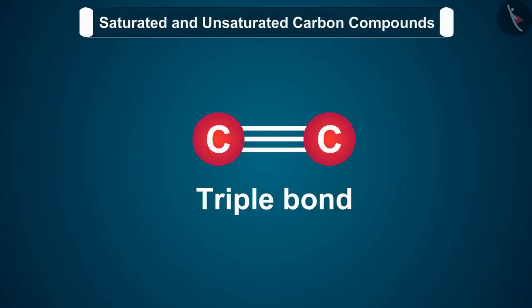Let us now discuss the alkynes. These are unsaturated hydrocarbons in which the two carbon atoms are connected by a triple bond. So, the alkynes contain a triple bond between carbon atoms which is formed by the sharing of three pairs of electrons.